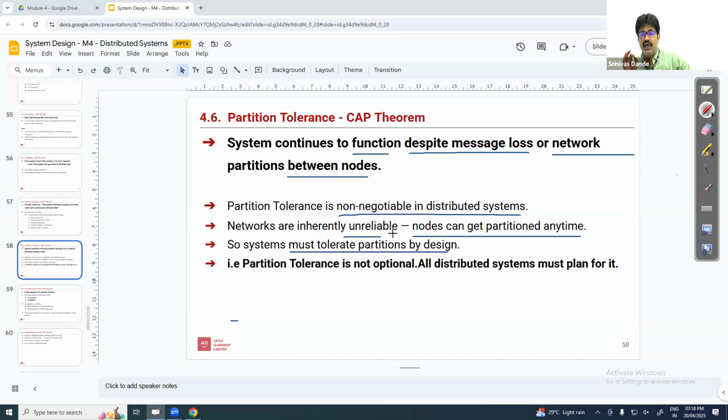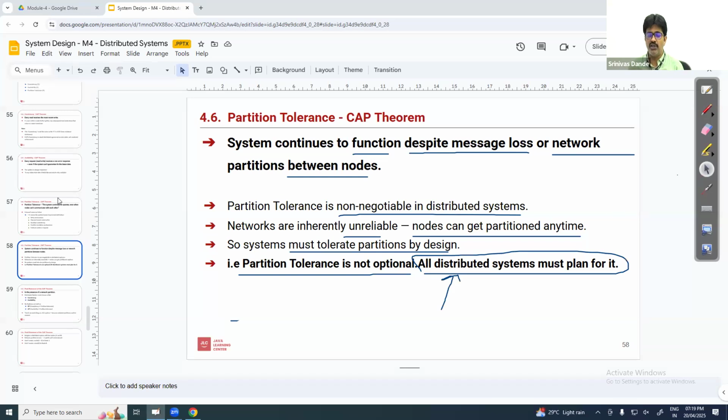It means the design of your distributed system must handle network failures and partitions between the nodes. Partition tolerance is not optional in distributed systems. All distributed systems must plan for this.